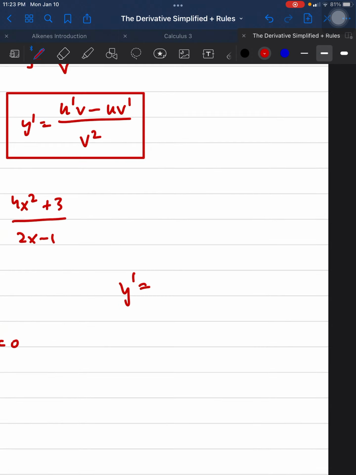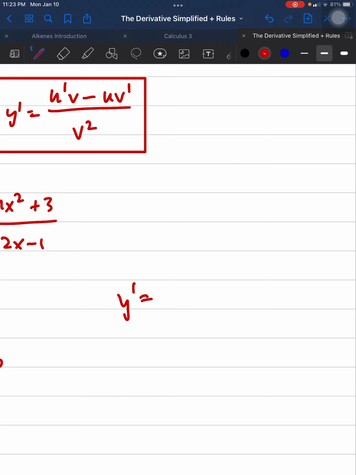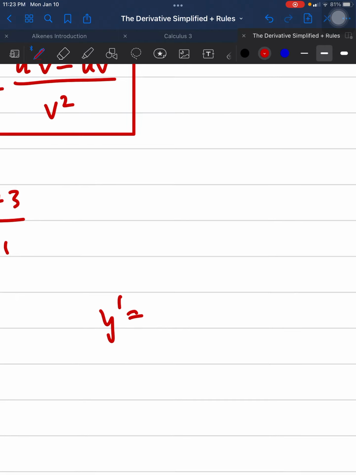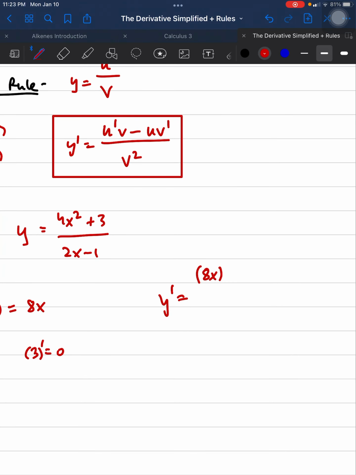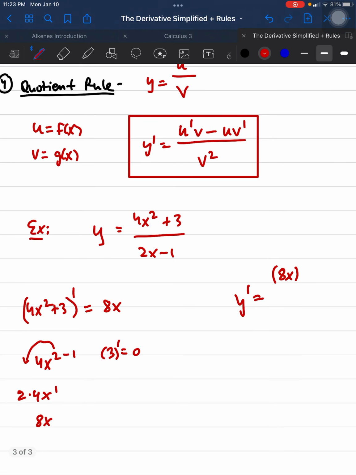Now we can plug this back into the formula. So now we know what u prime is, it's going to be 8x, and the formula says we had to multiply it by v, which is g of x, but we don't take the derivative of g of x for this product right here.